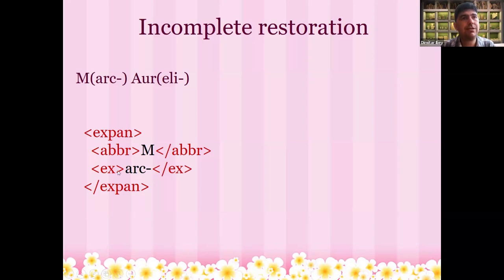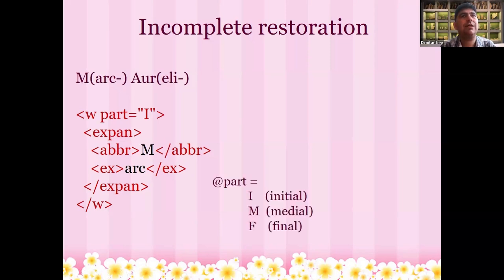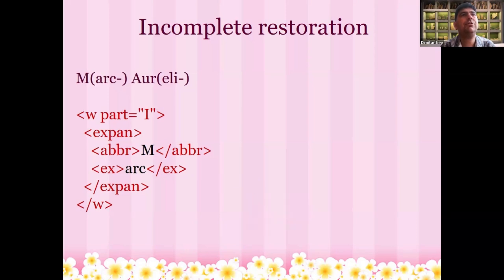And yes, you encode with expan your expanded part of the abbreviation. And you can indicate that this is partial. You can also indicate when you expand this abbreviation that this is only a partially restored word.